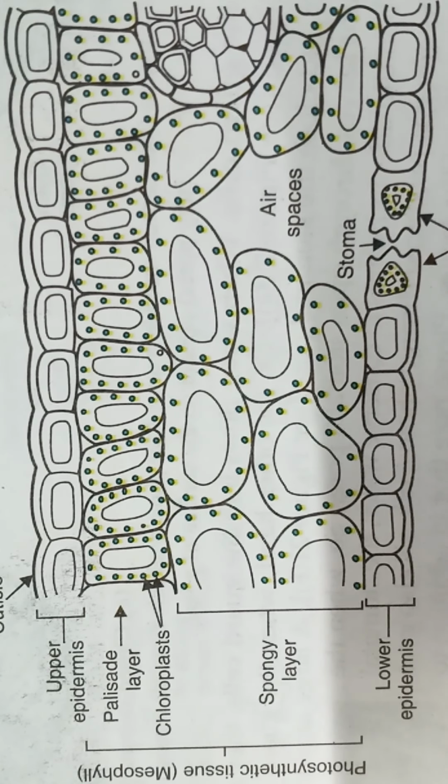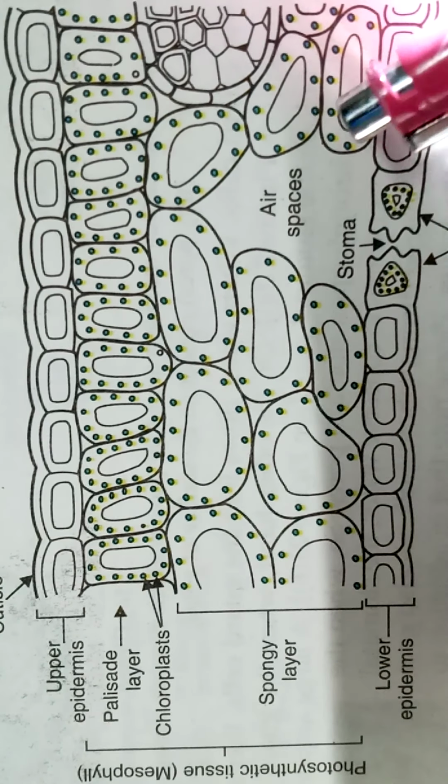So just now we have seen that these chloroplasts are the site of photosynthesis. This is chlorophyll, the pigment of photosynthesis. This is one chlorophyll extract, which has been extracted from the green leaves of plants. See, this is the structure of a leaf.